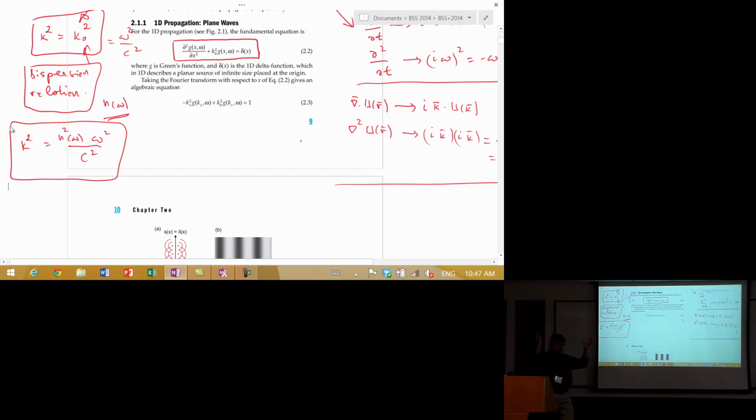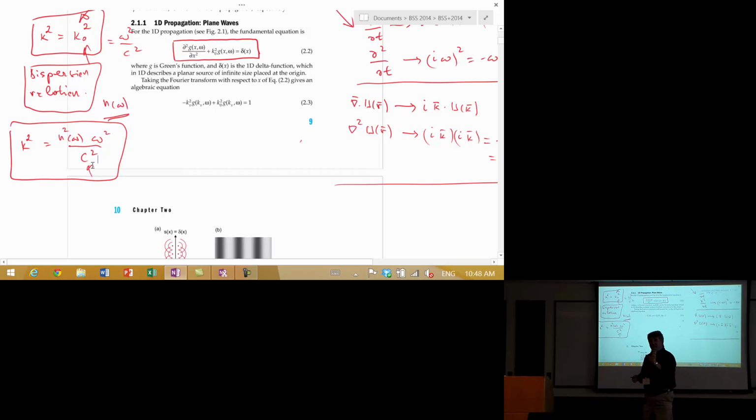So if you have a crystal or a piece of glass that has dispersion, at different frequencies you have different refractive indices. The spatial frequency k, the length of the wave vector, is set by the property of the material, how big the refractive index is for this particular wave frequency omega. And c is just a constant.